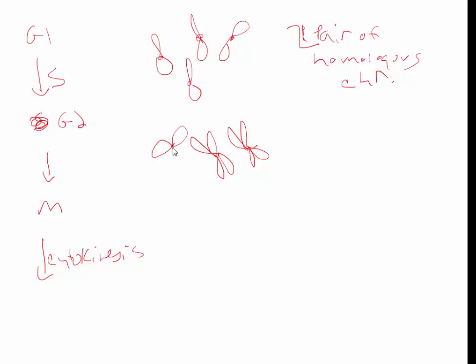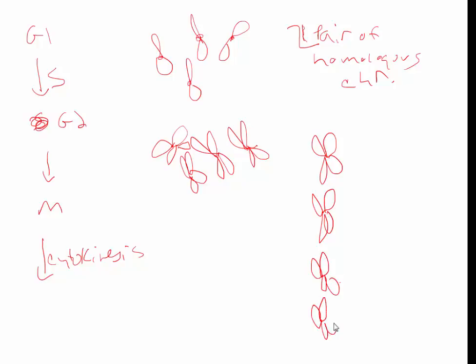They haven't lined up yet. They really don't look like this right after S phase. They start to look like that during mitosis. And then in mitosis, they line up. And then they divide. And when they divide, they kind of go back to looking like this.